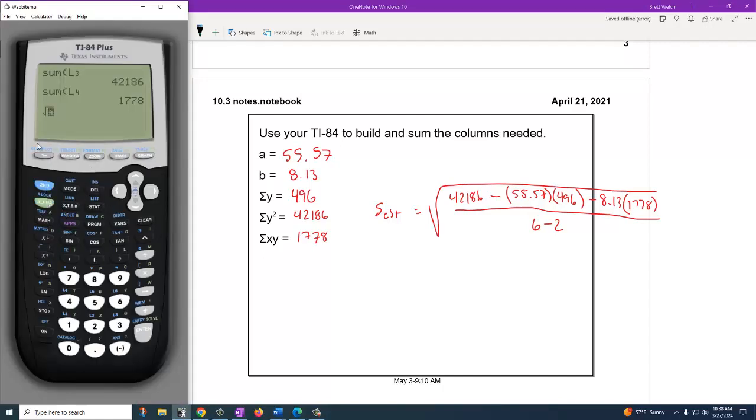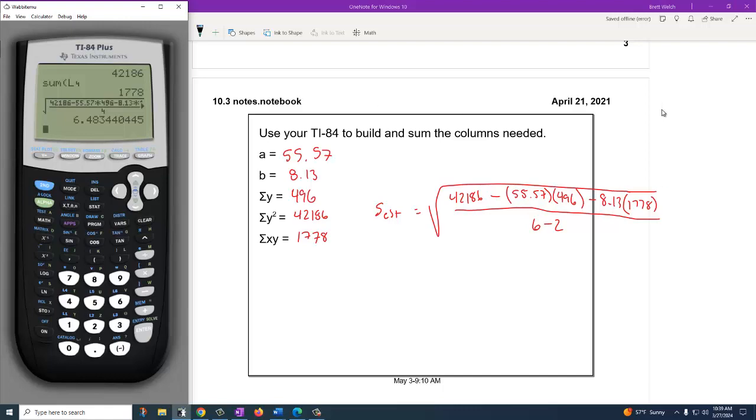I'm going to use a stacked fraction inside of the square root: 42186 minus 55.57 times 496 minus 8.13 times 1778, and then I'm going to come down and type 4. You could type the 6 minus 2, but either way you should get 6.48.